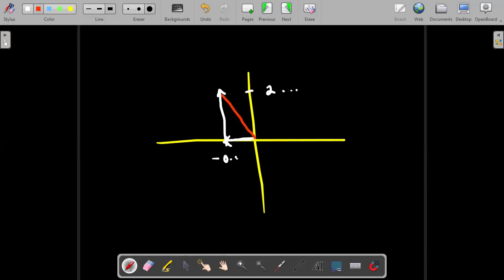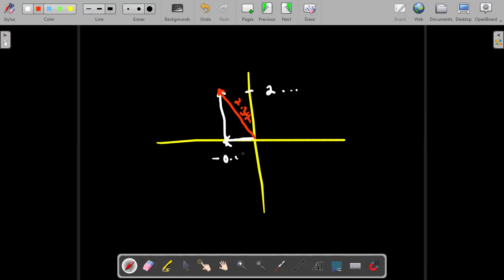So this here is our resultant vector, which we found as 2.34 meters.